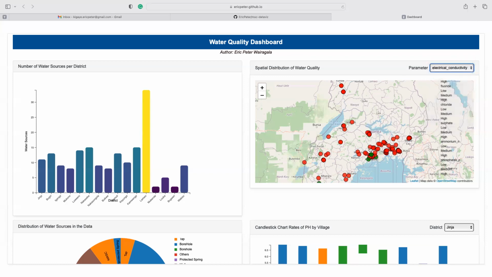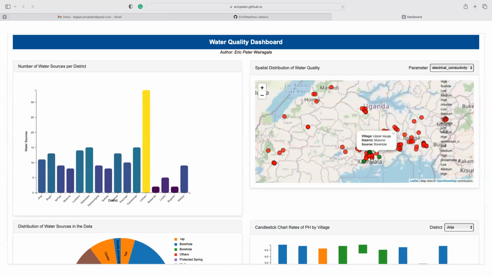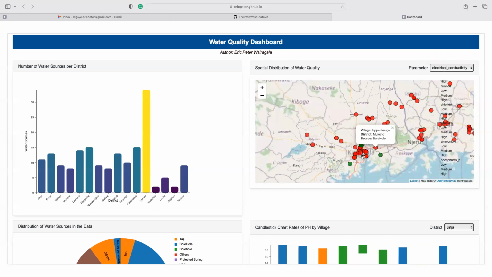Now, to start with, we look at electrical conductivity. We realize that most of the water sources have a high electrical conductivity. And we see that some of the regions are in the central region, but also in deeper areas of the distribution of the data.